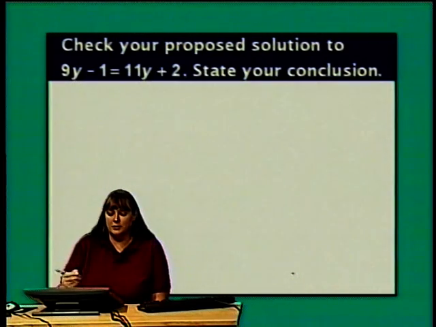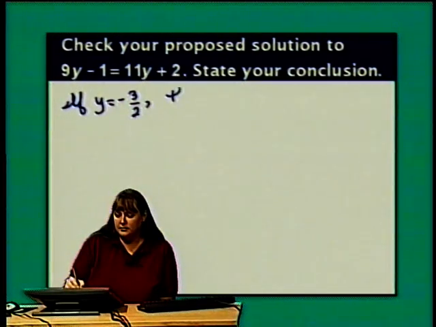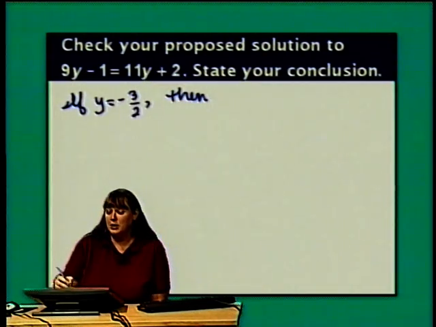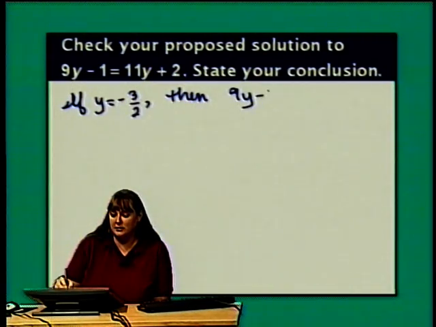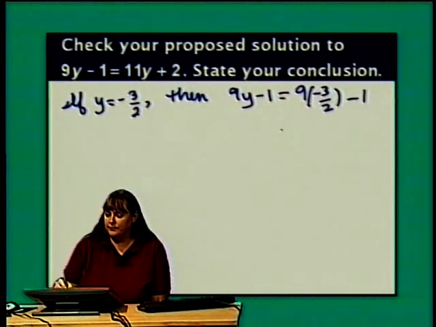Let's check the solution. If y equals negative 3 halves, then we need to evaluate each side of this equation when y equals negative 3 halves. So 9y minus 1, the left-hand side, equals 9 times negative 3 halves minus 1.